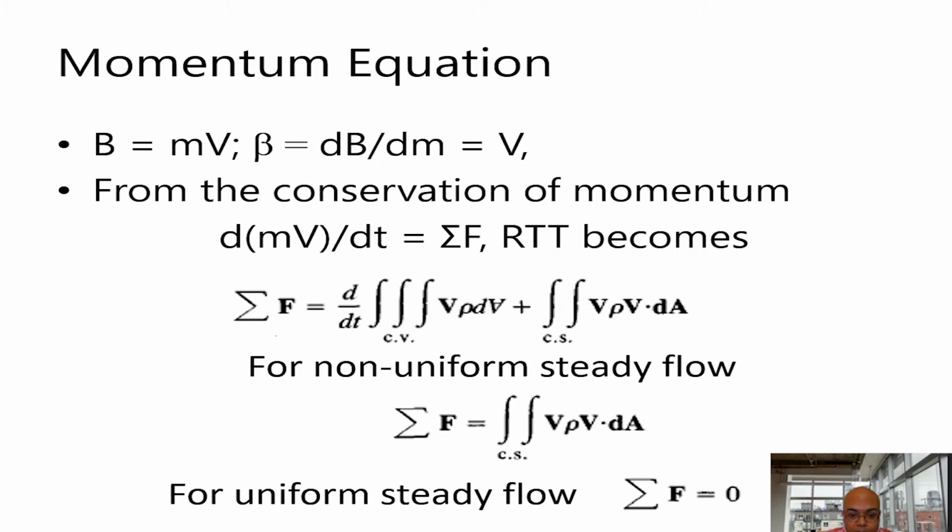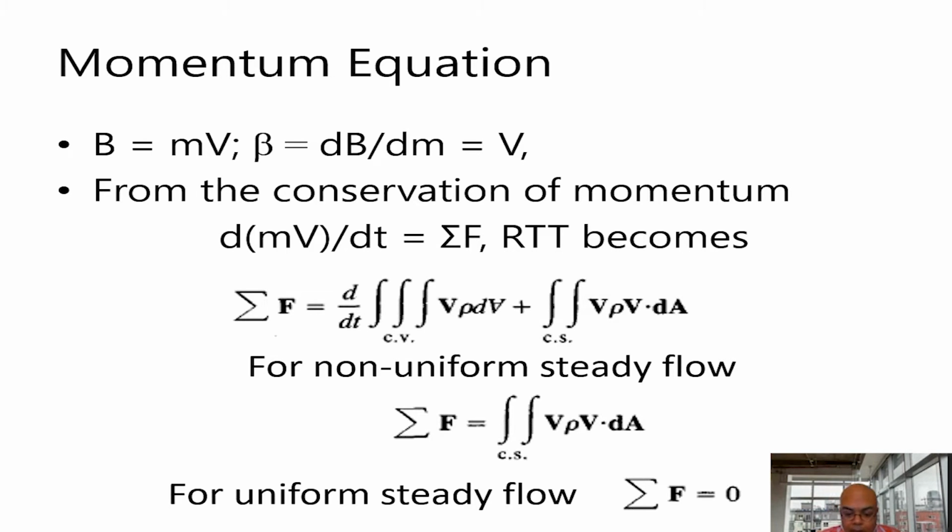For non-uniform steady flow, this term goes to 0, then we can write sigma F equal to the inflow or outflow of momentum, that is inflow minus outflow. And for uniform steady flow, uniform flow means whatever is incoming is outgoing, so this also goes to 0. And since it is steady flow, this is also 0. So the summation of external forces is equal to 0.